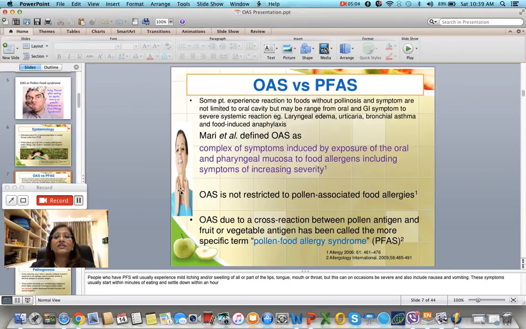So, oral allergy syndrome is a complex of symptoms induced by exposure of the oral and pharyngeal mucosa to food allergens, including symptoms of increasing severity. Oral allergy syndrome is not restricted to pollen associated food allergies, but oral allergy due to cross reaction with pollen antigen is termed pollen food allergy syndrome.